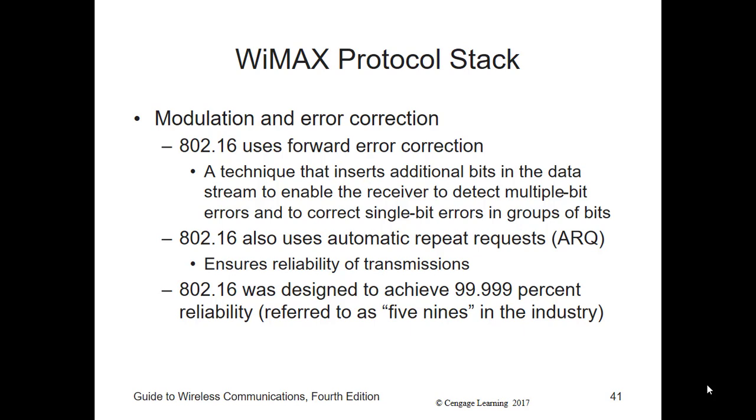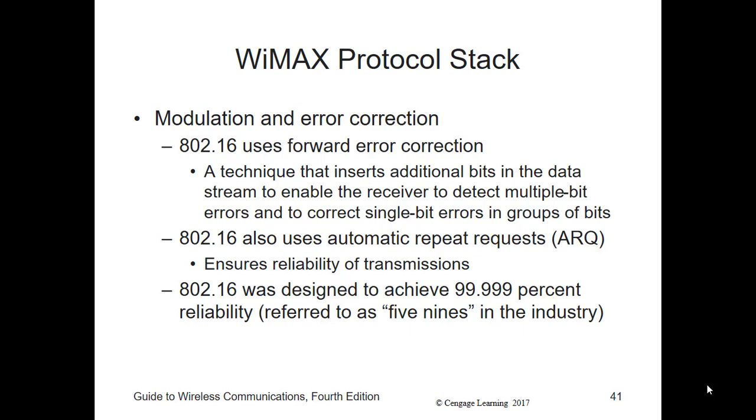So in other words, sometimes it's necessary to resend the frame. 802.16 was designed to achieve 99.999% reliability, something we call the five nines as a level of reliability. It's commonly referred to in the computer industry that way. The FEC improves the chances of receiving the data correctly and thus reduces the number of retransmissions, which increases the performance of the link.